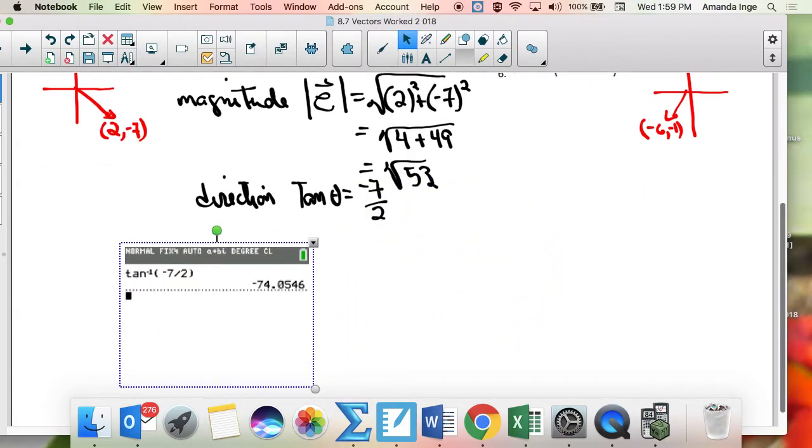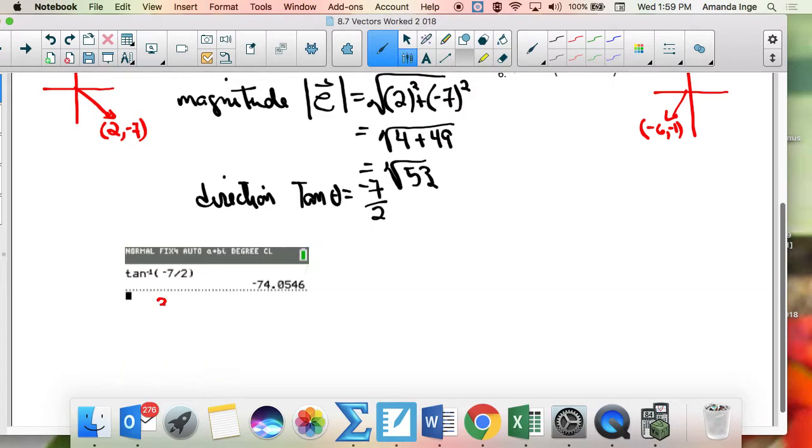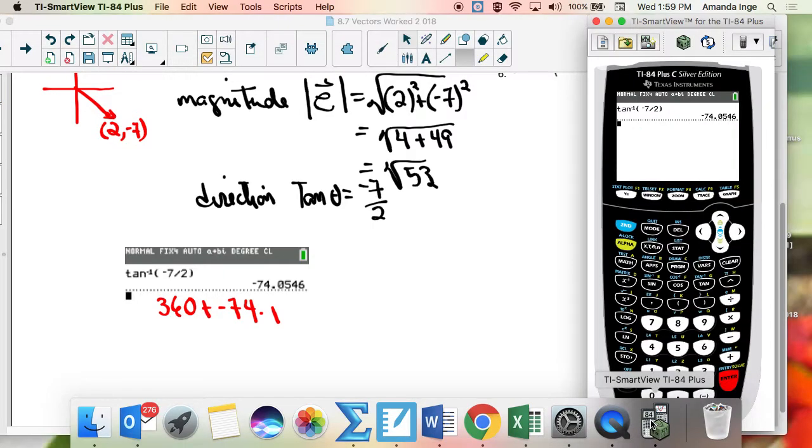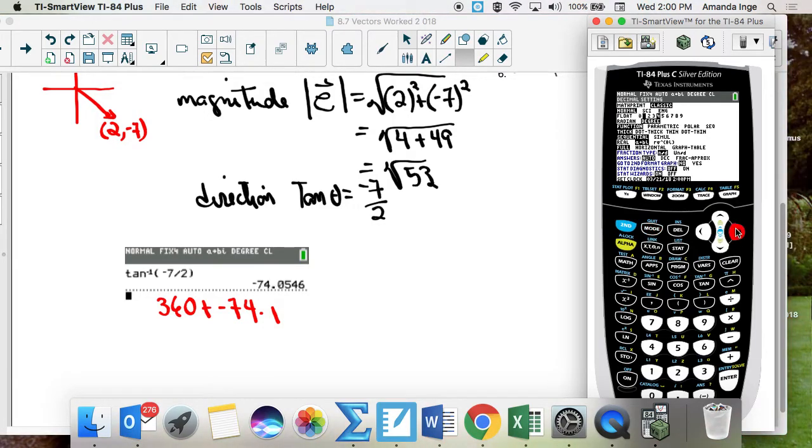Okay, so what quadrant are we in? We're in the 4th quadrant, right? So we're going to add this to 360 degrees. So 360 degrees plus negative 74 point, we'll make it 1. So we're adding it to 360.